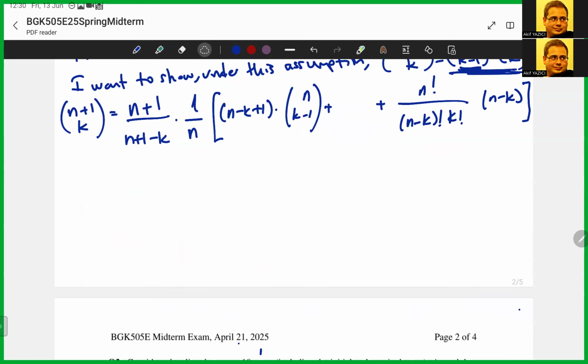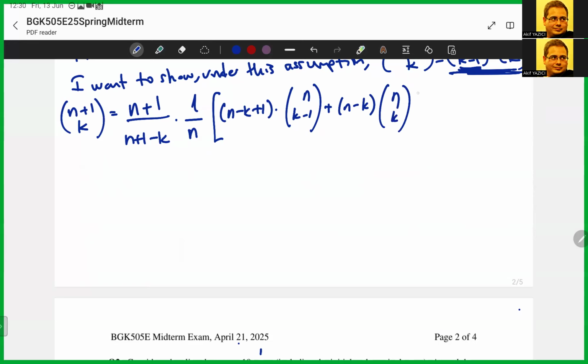And let me also move these. Get rid of this. And here, well, yeah, this will be n choose k, and that will be with a factor of n minus k. So this is what I have.